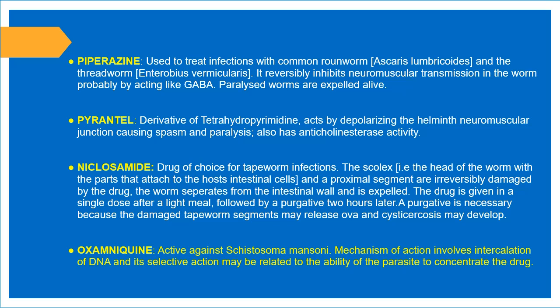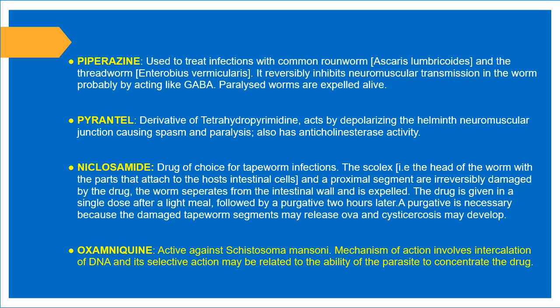So, talking about the next drug, piperazine. Now, piperazine is used to treat infections with common roundworm, that is Ascaris lumbricoides, and the threadworm, Enterobius vermicularis. Now, the mode of action of this drug is that it reversibly inhibits the neuromuscular transmission in the worm.